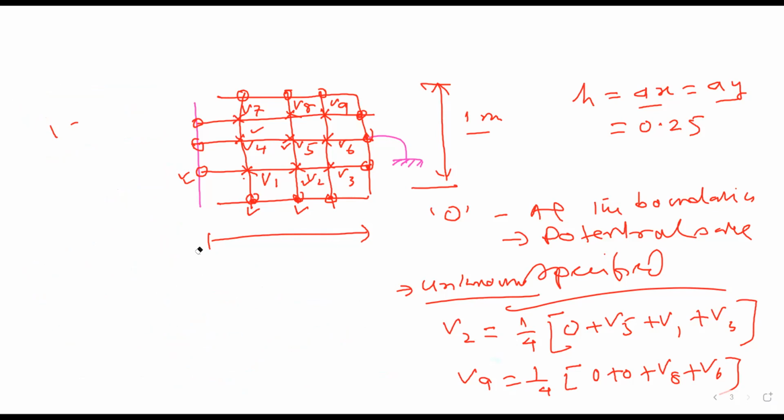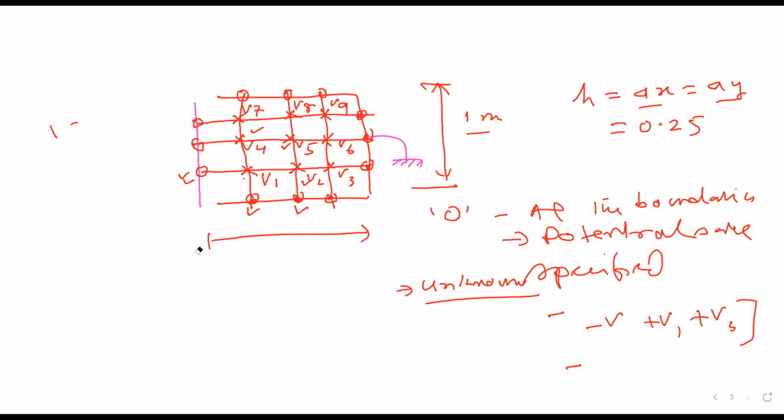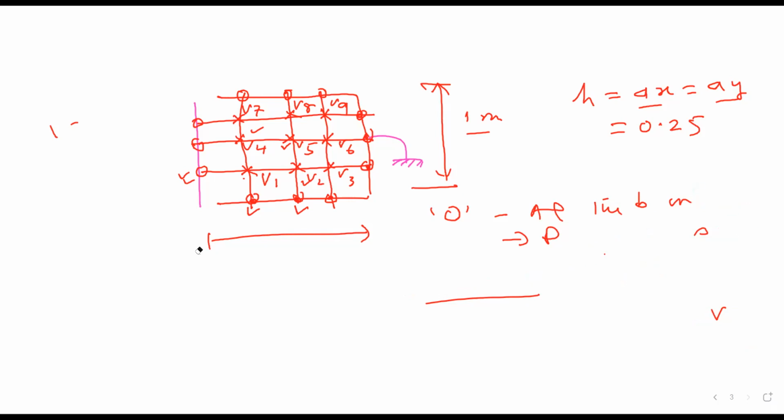Okay, now if we want to use Gauss-Seidel technique, then how many unknowns do we have? We have our 9 unknowns, isn't it? Initially the voltage will not be known to you. Only the boundary values will be known. Then you have to assume an initial value to proceed with your calculation. So in this type of problem, you can assume a 0 initial value, okay?